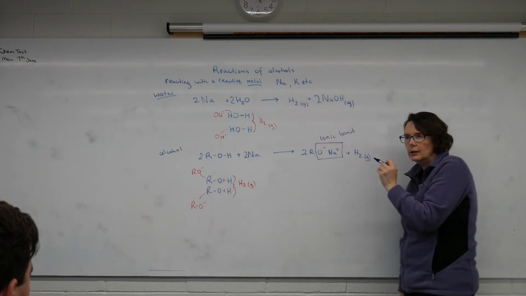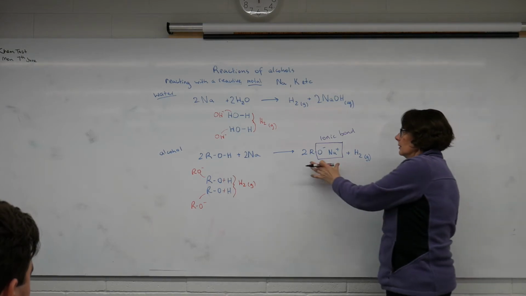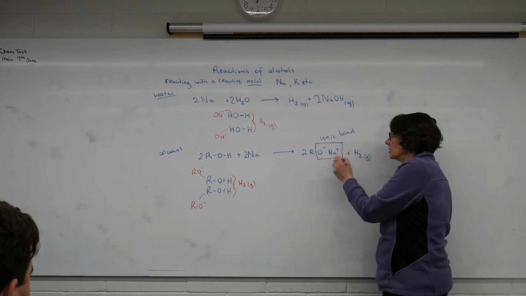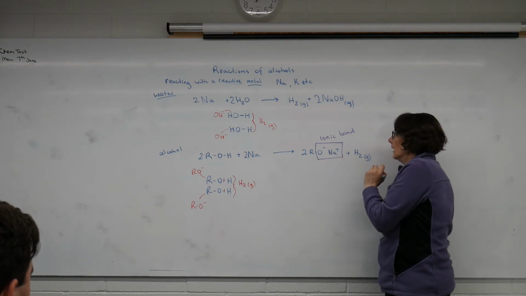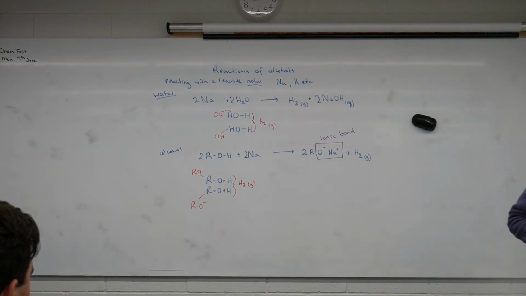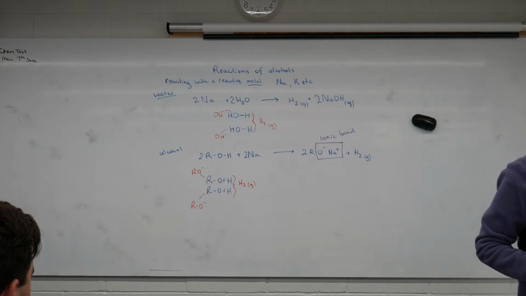We are going to indicate where it is on the molecule, and it's going to be at the end of the molecule by and large in this sort of situation. And we must also remember to include the charges on there to indicate that it is an ionic bond.